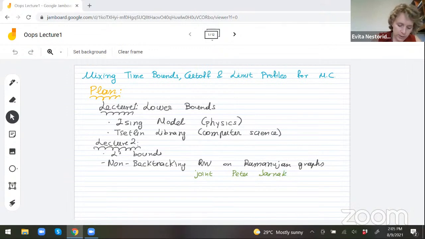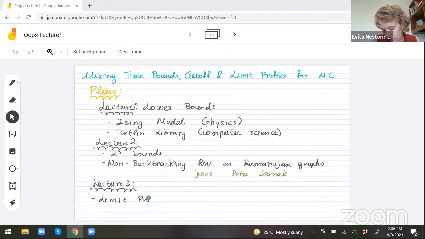And the last lecture, it's again more spectral, is going to be about limit profiles of reversible Markov chains, which is a newer question.